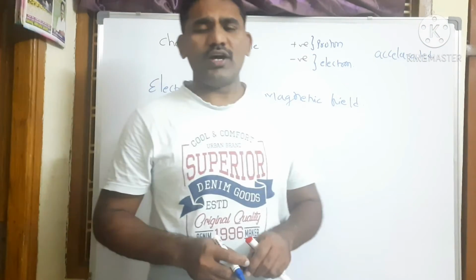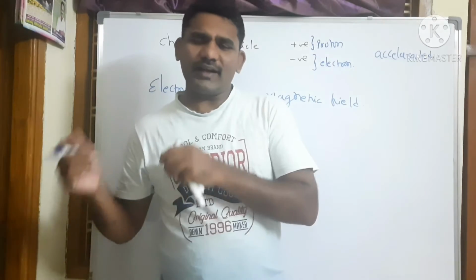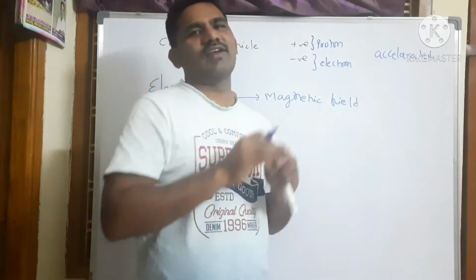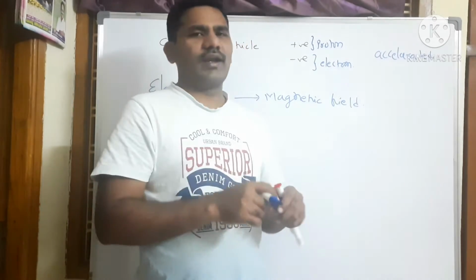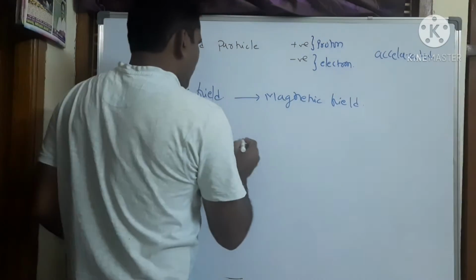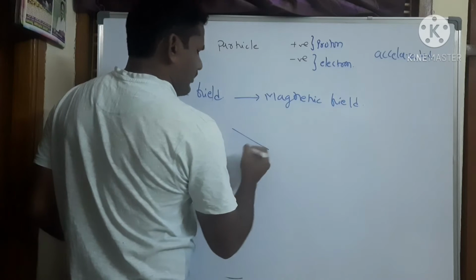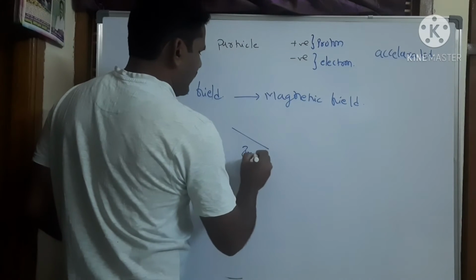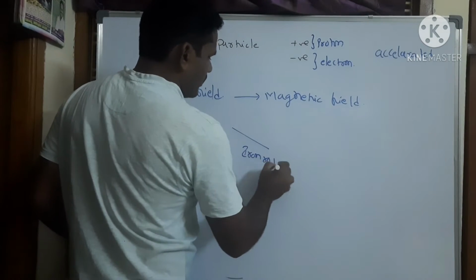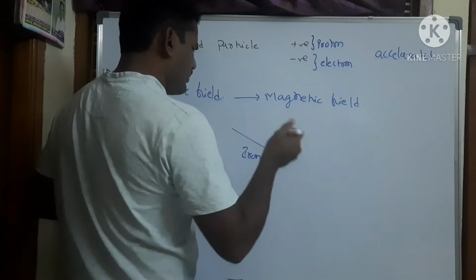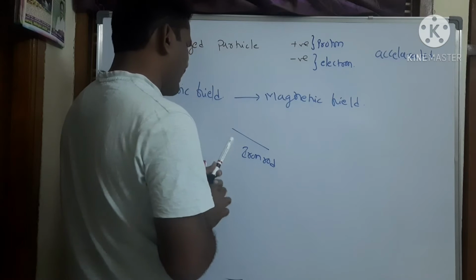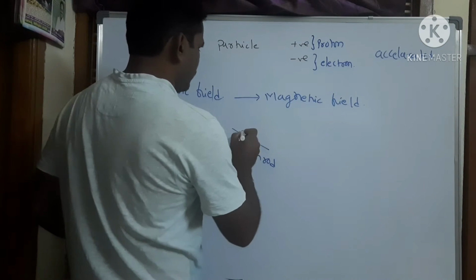You may have a doubt, sir, how does an alternating electric field create an alternating magnetic field? A simple activity that you have already performed in your lower classes: take a small iron rod or a nail and surround it with a copper wire.